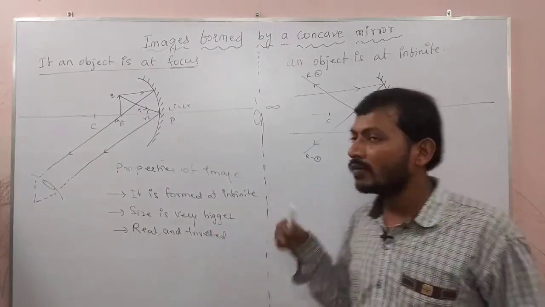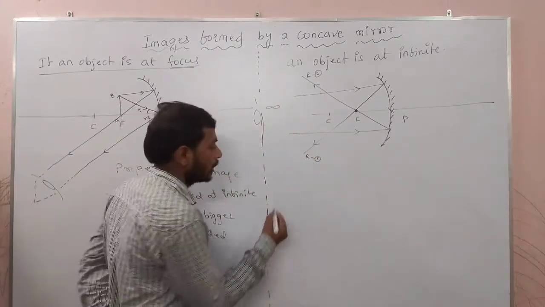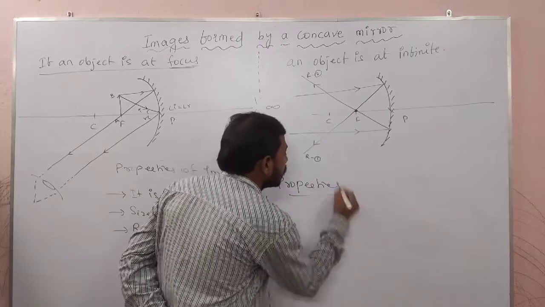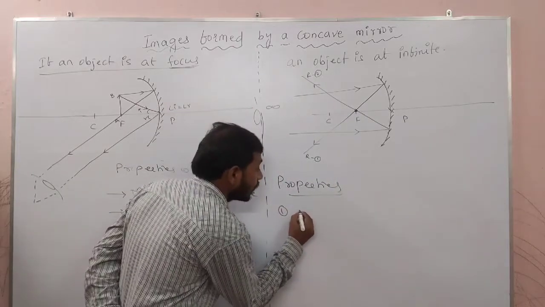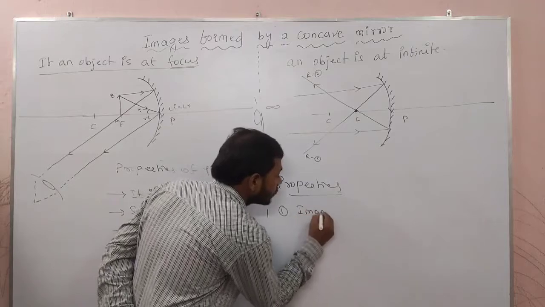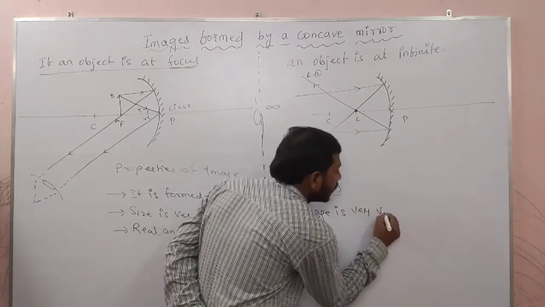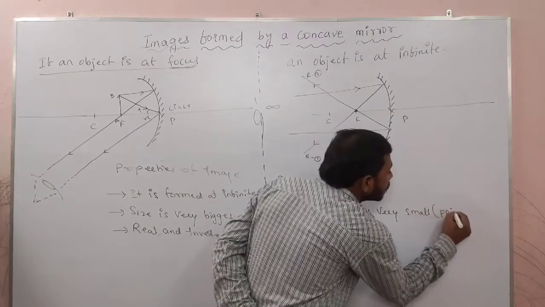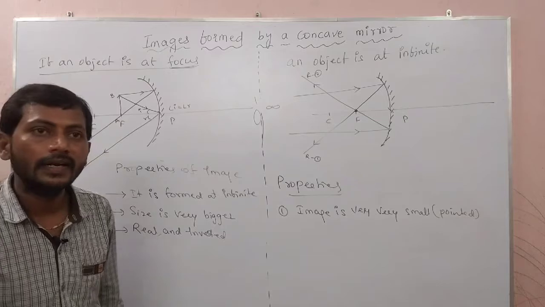So like that, now also I am going to write the properties. What are the properties I am going to write, Nana? First one is, image is very small, otherwise pointed. Is that clear?